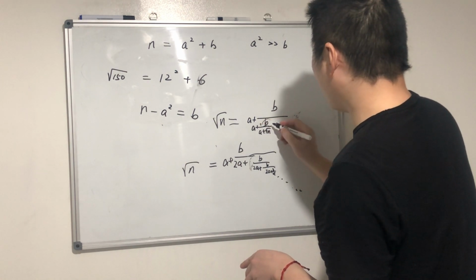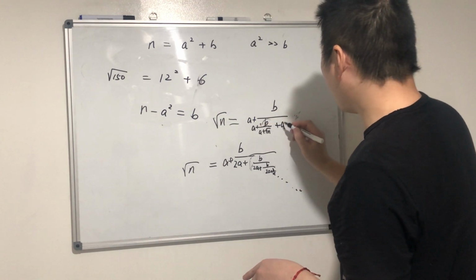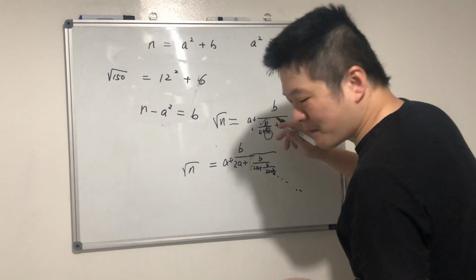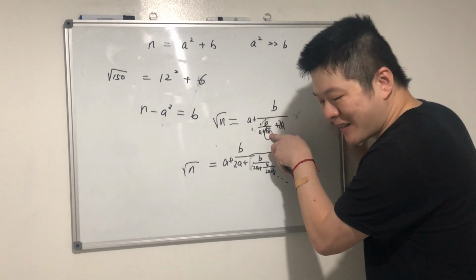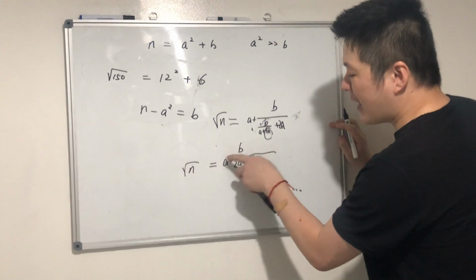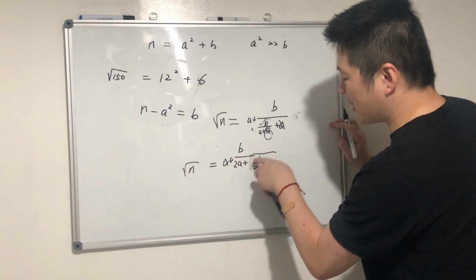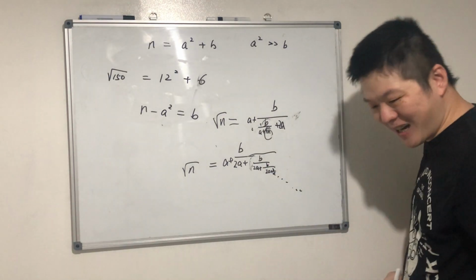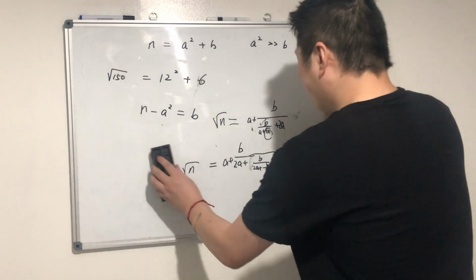A plus a will be 2a. So you can continue replacing this square root of n, and you come to this: square root of n equals a plus b divided by 2a plus b divided by 2a plus b divided by 2a, and this way it continues.